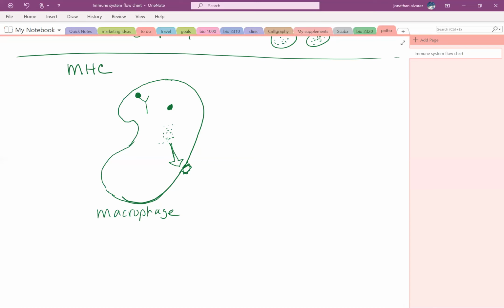It moves one of those pieces to the surface. This is now called a cell surface protein.